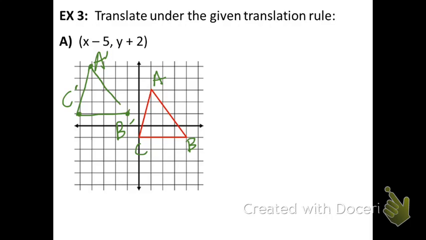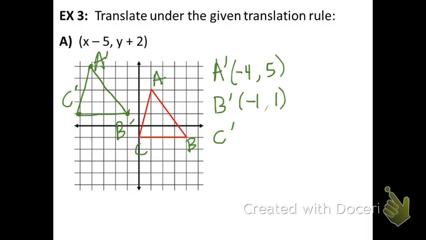And here's our shape. I think it's a lot easier to see that these two shapes are exactly the same. So because they're exactly the same, we say that they are in isometry. And then we can identify those points. A prime is back 4, up 5. B prime is back 1, up 1.